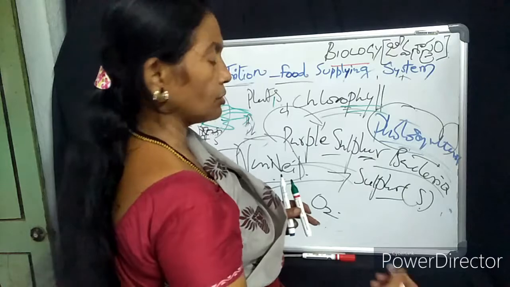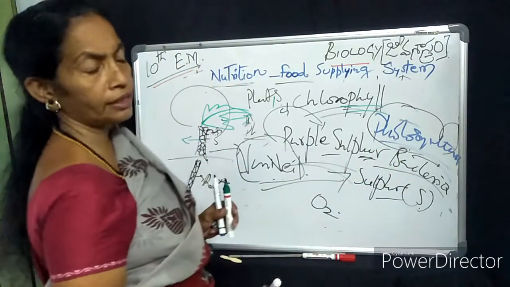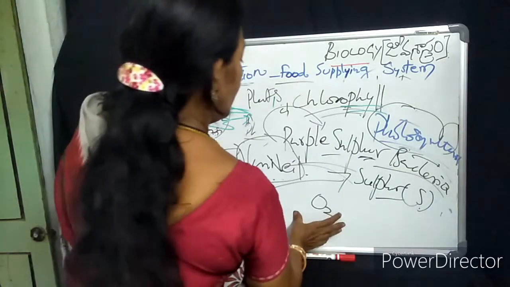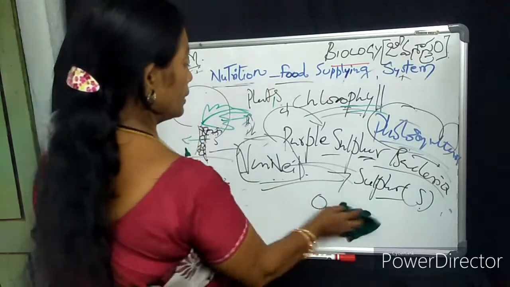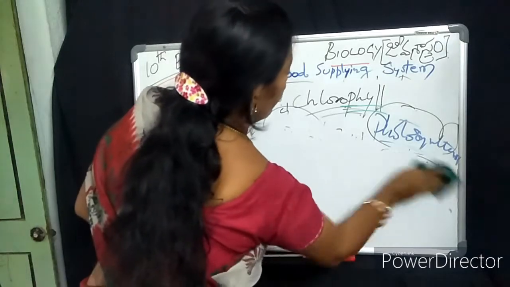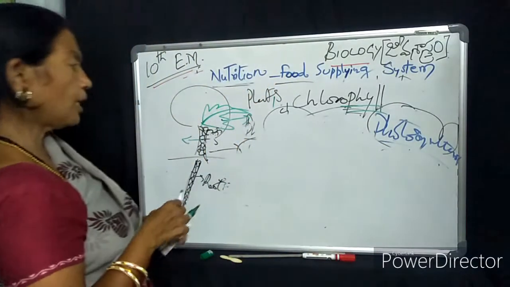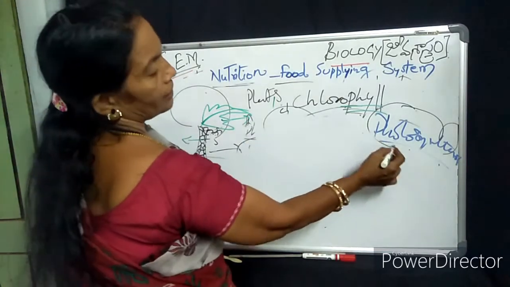That means sulfur comes out when the bacteria undergoes photosynthesis, instead of oxygen. Then, after Van Neal, one more great scientist gave one more equation for photosynthesis.